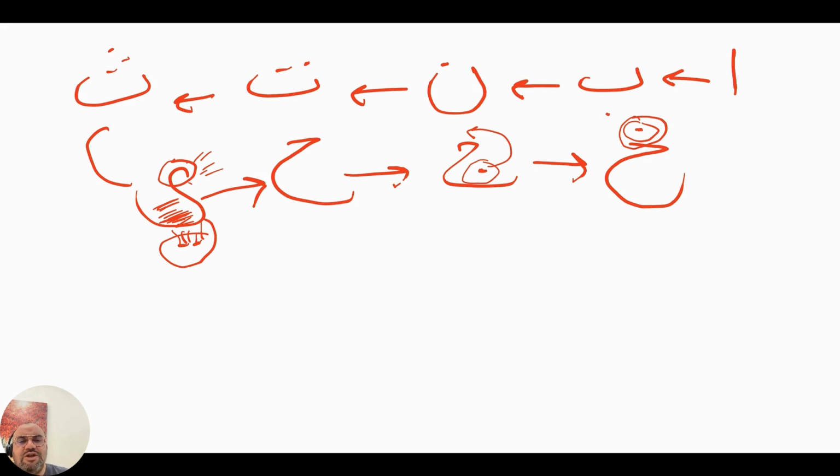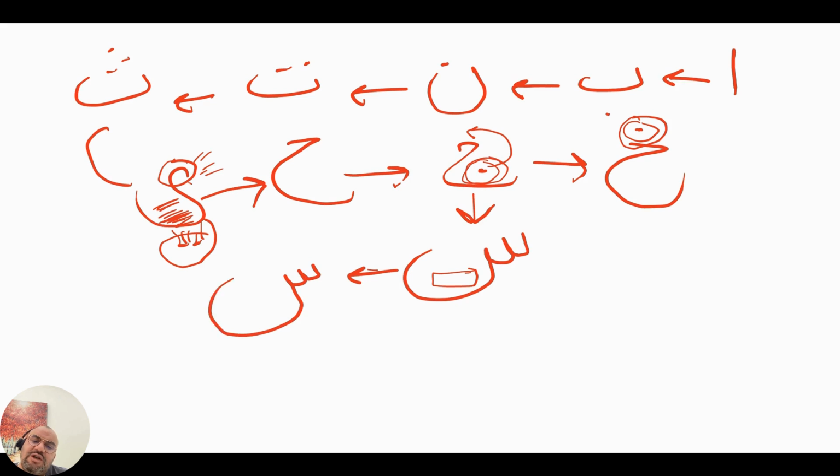Now in the gym, he wants to eat the food. So he will be in need of his teeth. So this is the seen, which is two dots in this way, and a big stomach where the food will come. And he starts to put the food on the teeth. So this is sh, sh.